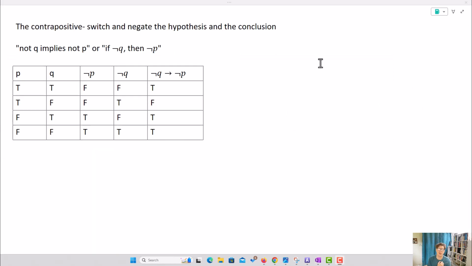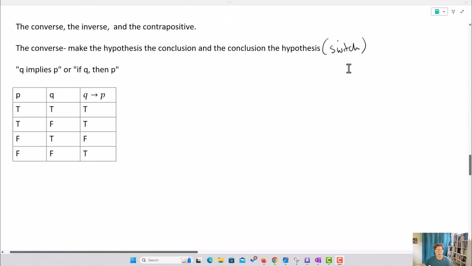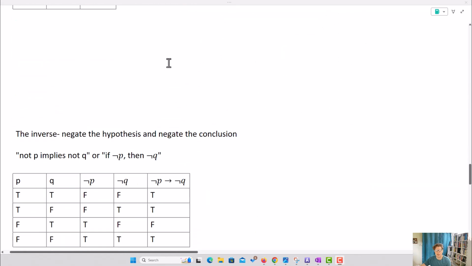What we're going to do here is switch and negate the hypothesis and the conclusion. So this is not Q implies not P, or if not Q, then not P. And what you'll notice inside of your truth table is that it ends up looking identical to the truth table for our original conditional.